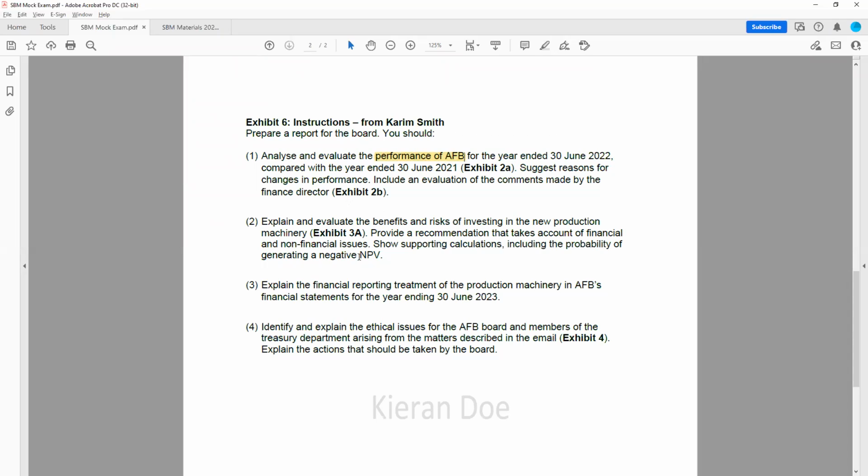We've got one here where we need to look at NPV, so perhaps project appraisal, financial reporting, and ethics. So this would be a typical SBM exam in that you can break the question down into these smaller sub-questions.